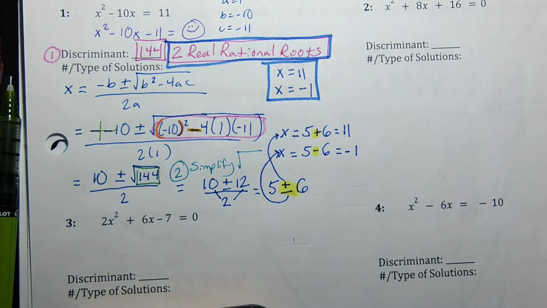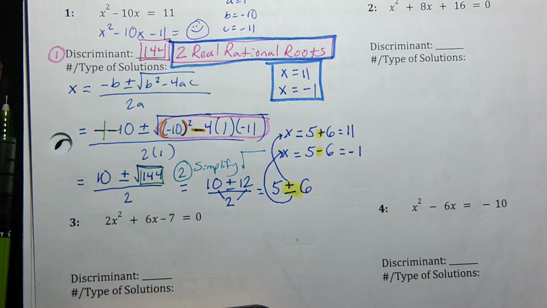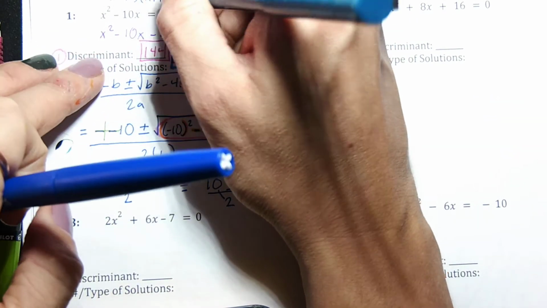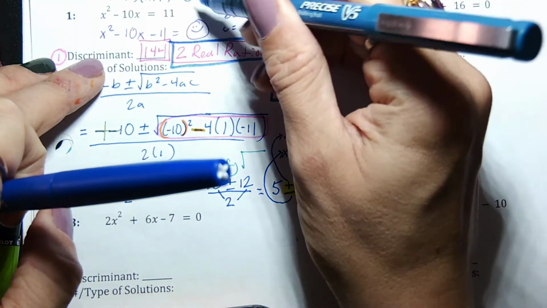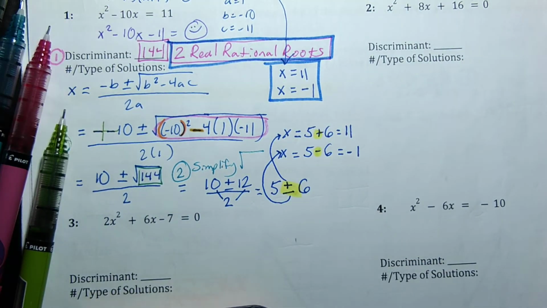Yeah, and factoring would have been way easier because product of negative 11, sum of negative 10, we could have just done x minus 11 and x plus 1 equals 0 and gone straight to my solutions of positive 11 and negative 1.